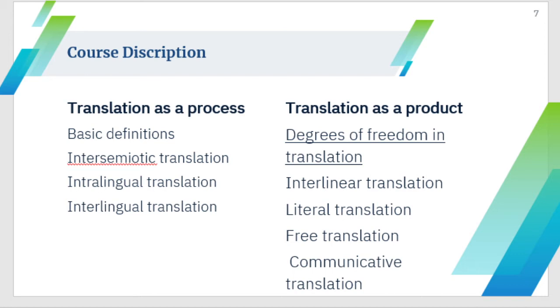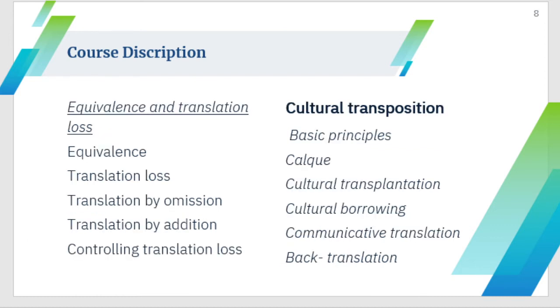We will also learn the degrees of freedom in translation, such as interlinear translation, literal translation, free translation, communicative translation. And we will learn also what the equivalence is between two languages, or between Arabic and English.